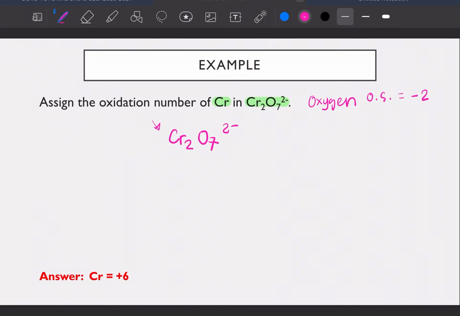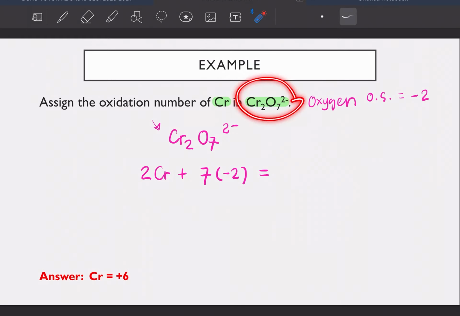Okay, so 2 chromium plus 7 oxygen, so 7. So oxygen punya oxidation state is -2, so you put -2 equals to the total oxidation number for this whole polyatomic ion, which is -2. So -2 letak sini.